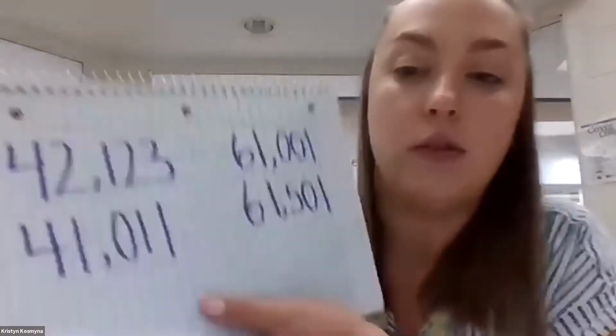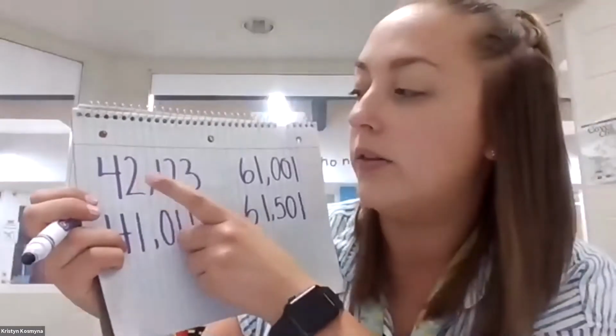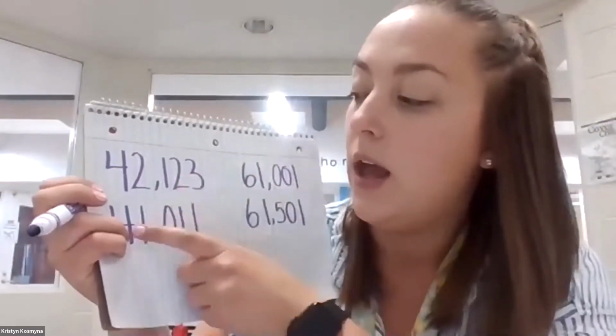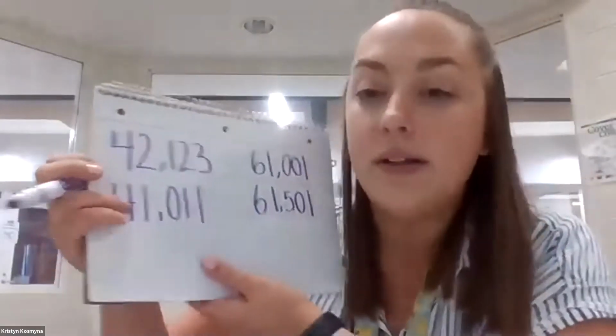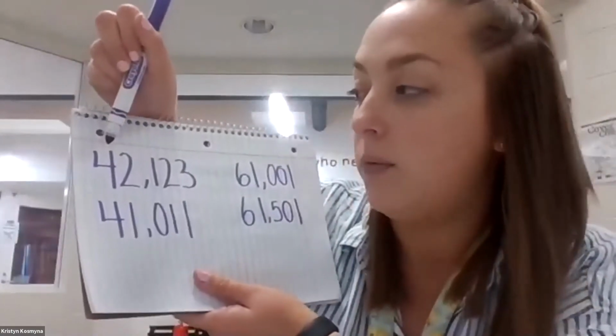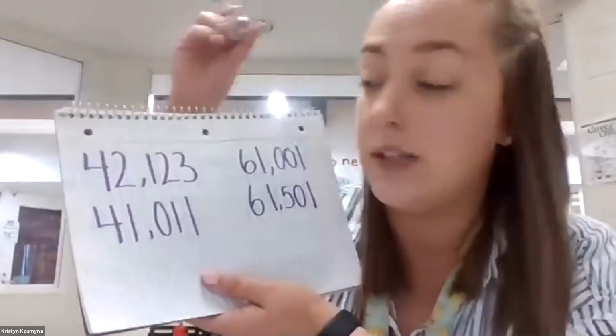Another thing I want you to think about when comparing numbers is place value, because we have always been talking about place value. Let's take these two numbers: 42,123 and 41,011. We always want to start from the left side when comparing numbers to see which is bigger.